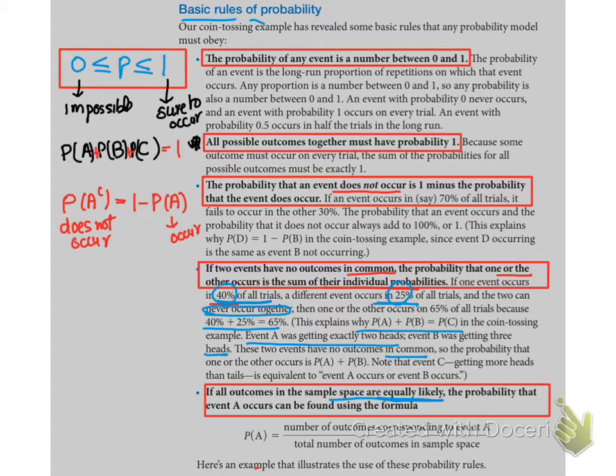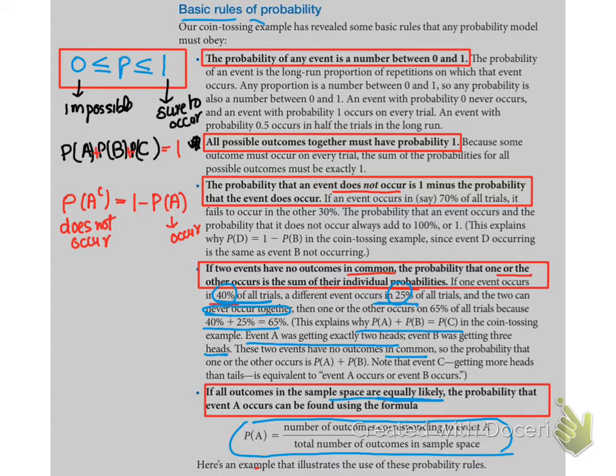There is no priority that one event will occur more and other less. If they have the same chances of occurring, then you have another formula: probability of A is the number of outcomes corresponding to event A over the total number of outcomes in the sample space.